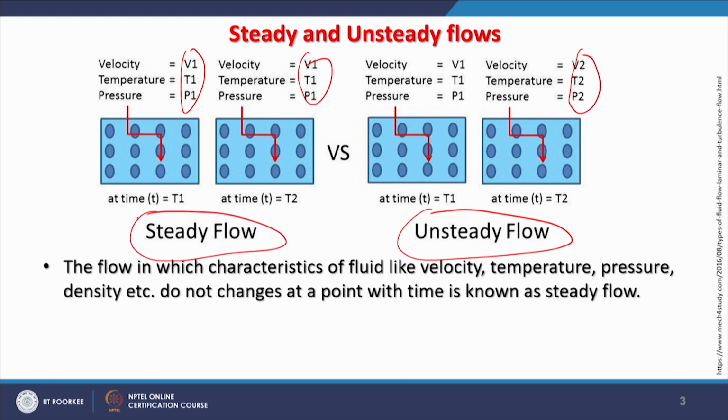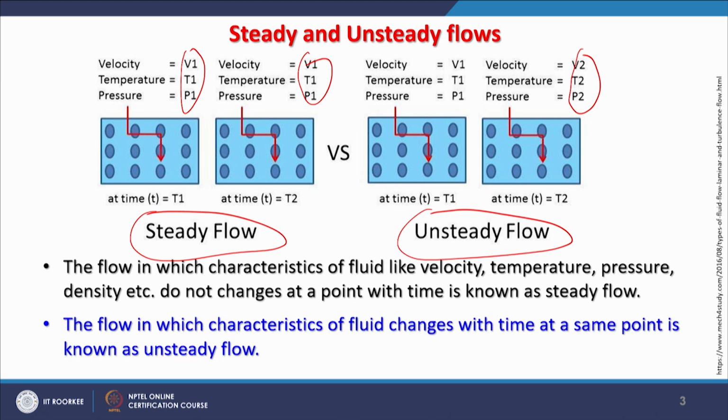So, again, the flow in which characteristics of fluid like velocity, temperature, pressure, density etc., do not change at a point with time is known as steady flow. And in unsteady flow, as we have seen, they change with time at a point.